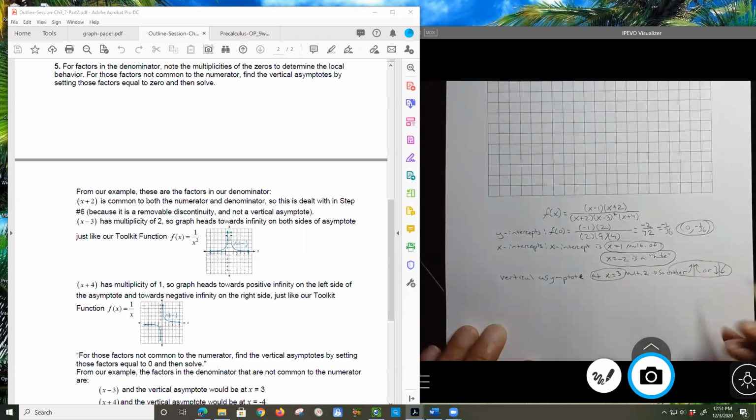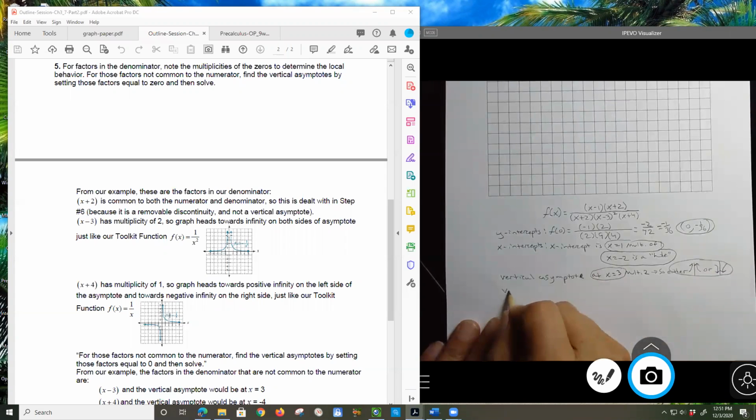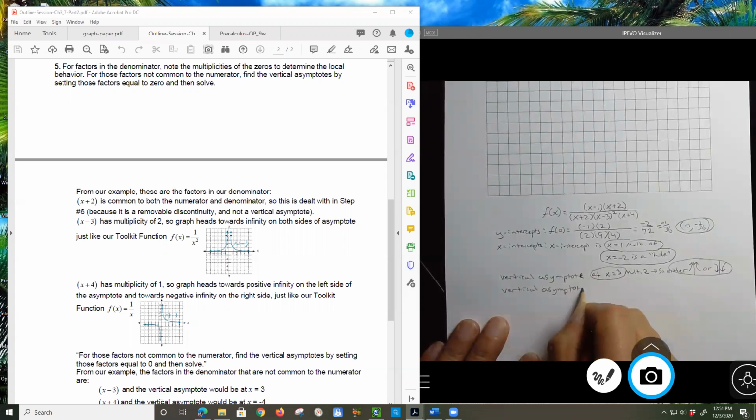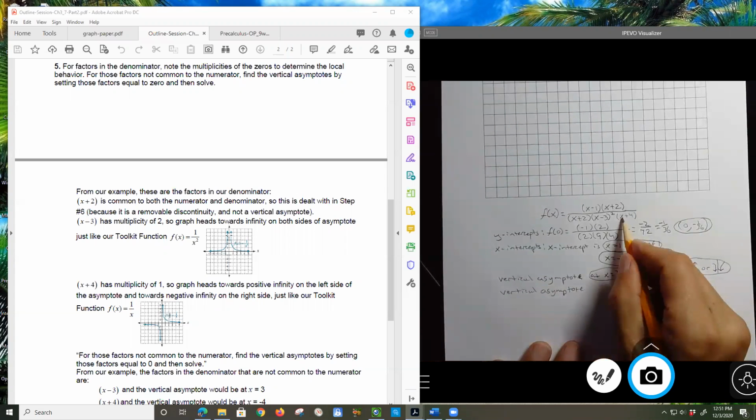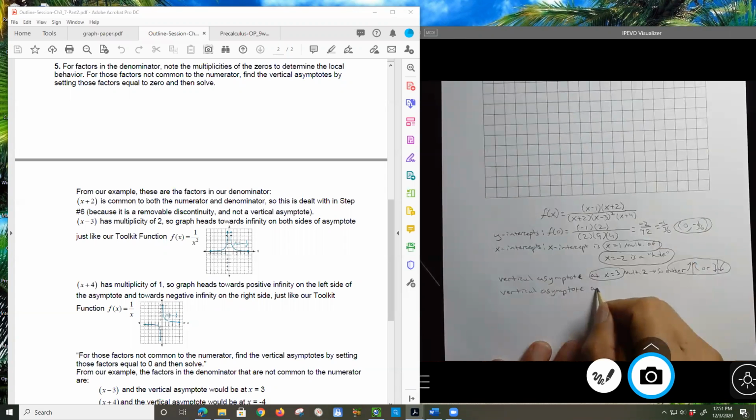Okay. Now we got the other vertical asymptote. And that's at x equals -4. And that's a multiplicity 1, I hope you notice.